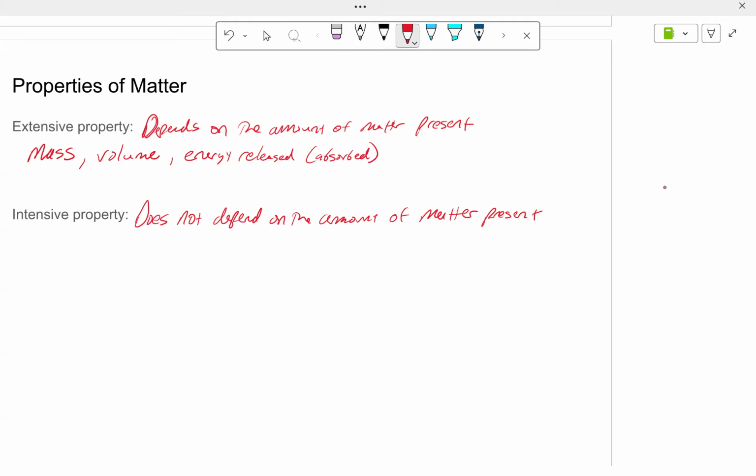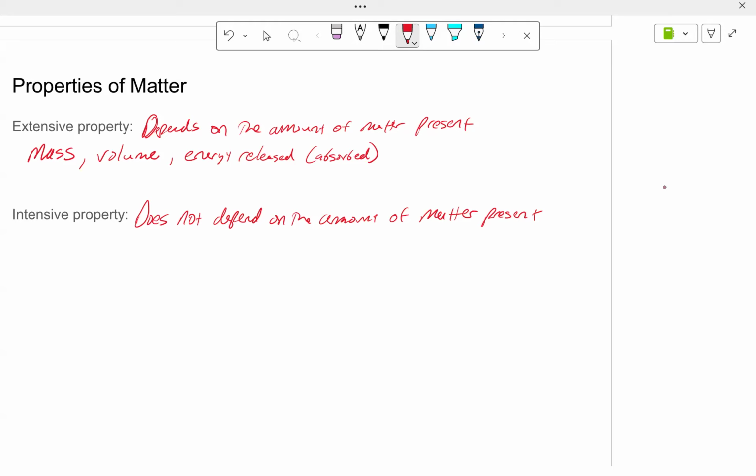Think of a very small amount of an explosive, like a very small firecracker. It's going to release a lot less energy than, say, a very large one like an M80 or something like that. And so the amount of energy released is dependent on how much material is there.